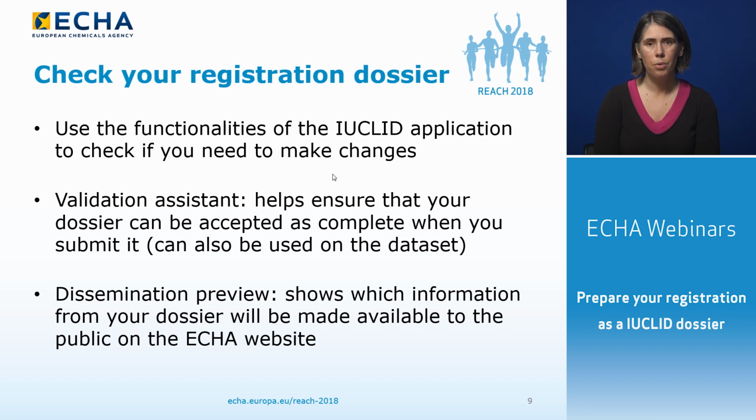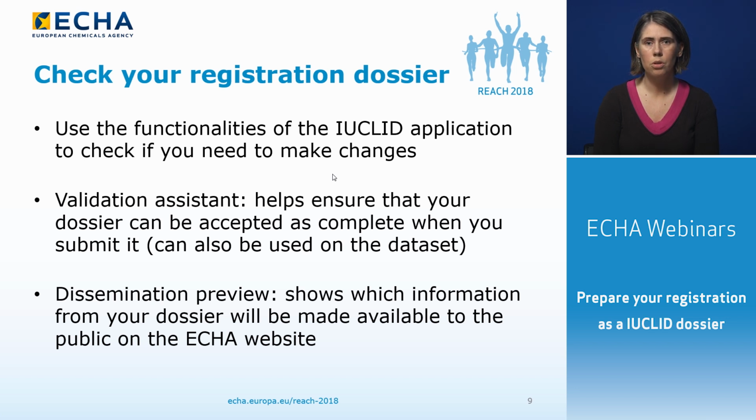The last step before you are ready to submit your dossier is to check the dossier you have created. IUCLID has 2 specific functionalities to help with that. The most important functionality is the validation assistant. It helps you to check if your dossier can be accepted as complete when you submit it.